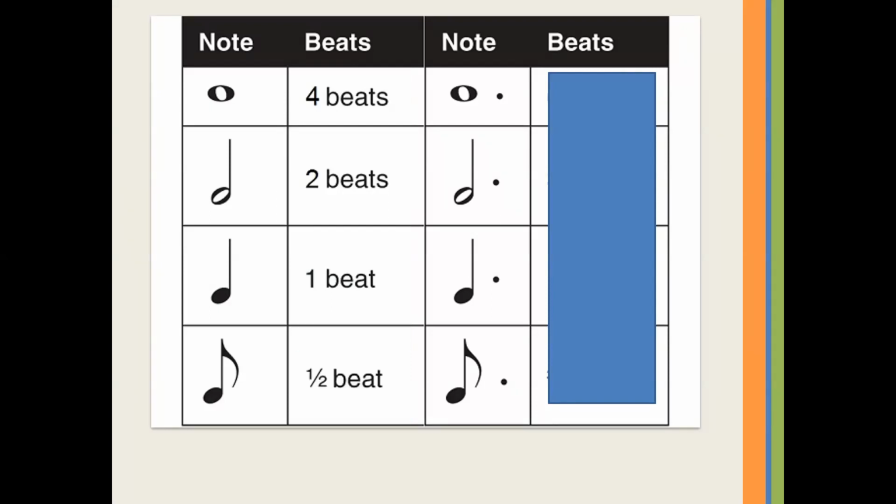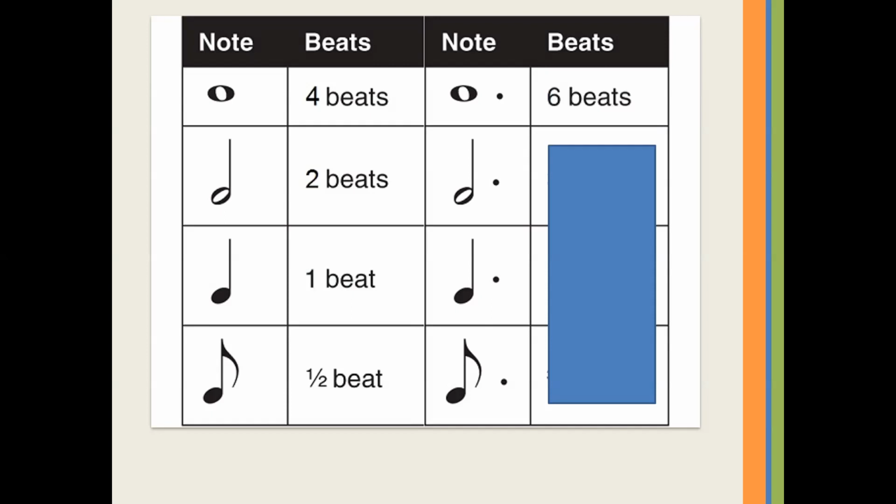the half beat. Okay. Praise, how many beats does the dotted whole note have? 6. Okay.